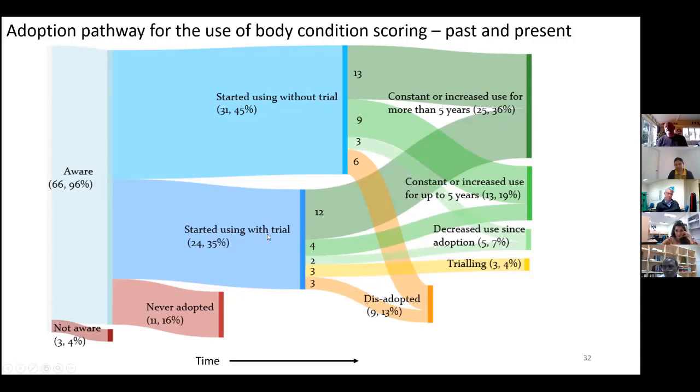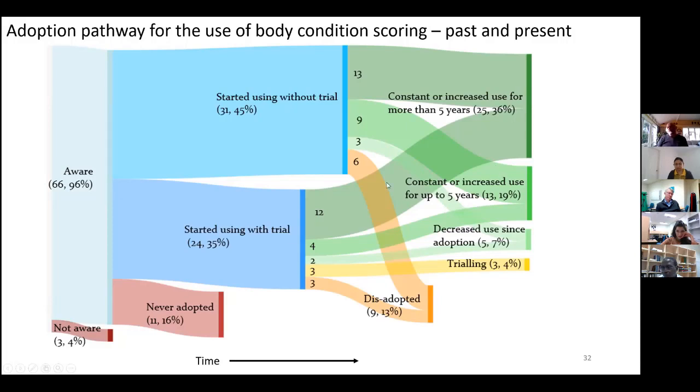In this case, people who could identify a trial adopted quicker than the ones who didn't. But when it came to the current level of use, what we can see here is that it didn't make much difference for this particular practice, whether for long-term users, whether they had started using it with or without. It's about a 50-50 split.